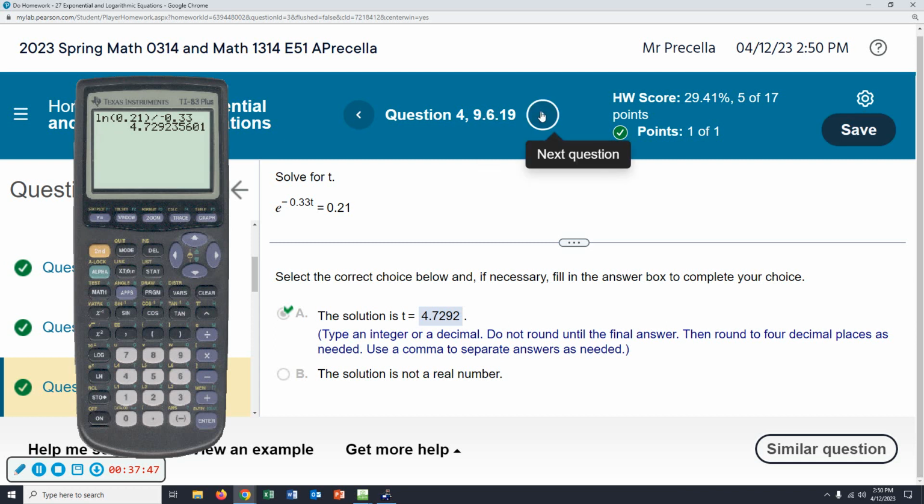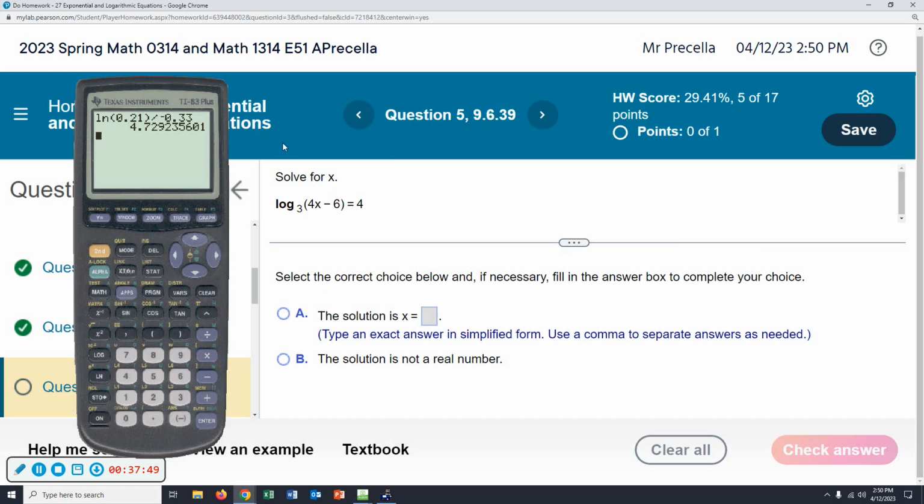Logarithmic equations, we sort of did those the last time. If it doesn't tell you where to stop, like the thousandth place or the 10th place, if it's rounding, it has to tell you. Like on number 5, it doesn't tell you how to round. You're going to get an exact value.